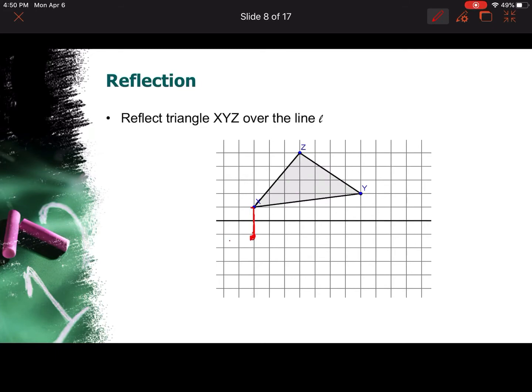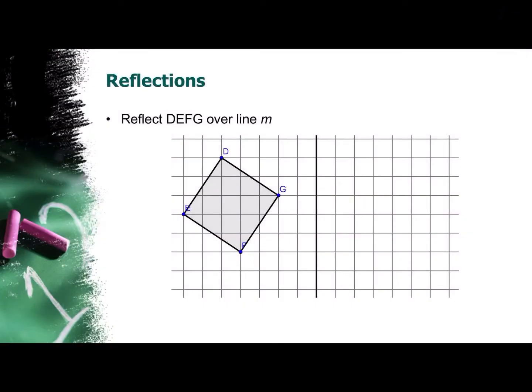X is 1 away, so the other side gets to be 1 away. That's X prime. Y is 2 away, so we go 2 away over here. That's Y prime. And Z is 5 away, so that will be Z prime. And there is our triangle, which is congruent to that first triangle.